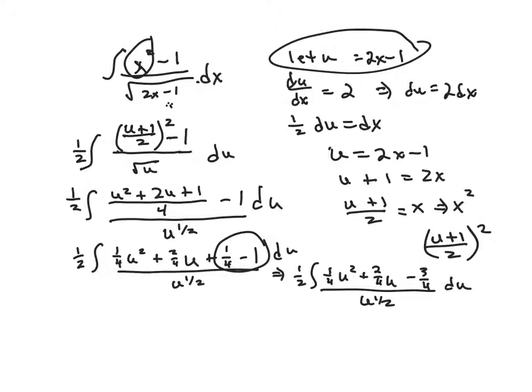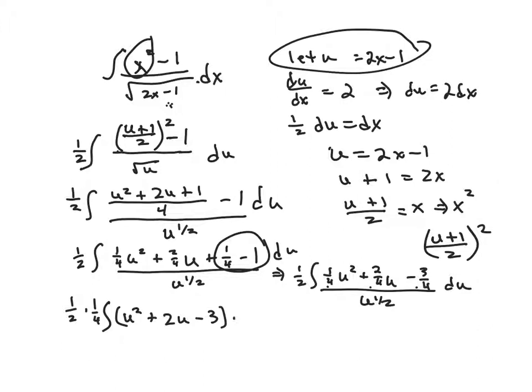Now, if you look here, everything has a 1/4 on the bottom. I'm going to take that 1/4 out. So I have 1/2 times 1/4, just because it's annoying. And then I have u squared plus 2u minus 3, all in the top, divided by u to the 1/2.